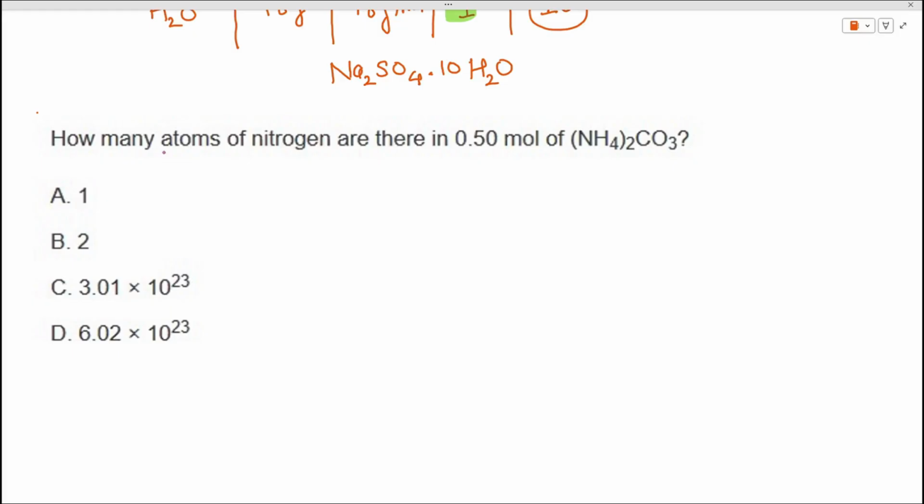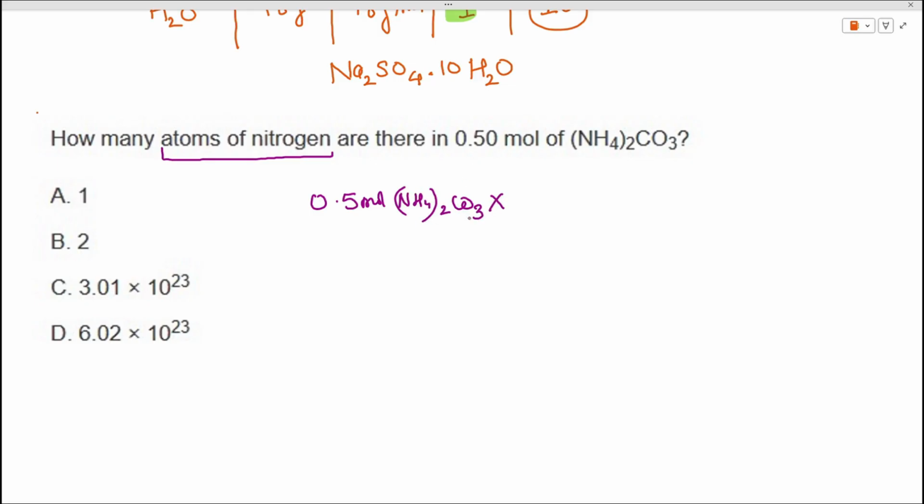Now for the next question, it says how many atoms of nitrogen are there? Again, they're not asking you the moles of nitrogen atoms. They're asking you the number of atoms of nitrogen. And we've been given moles of ammonium carbonate. So we have 0.5 moles of (NH4)2CO3.